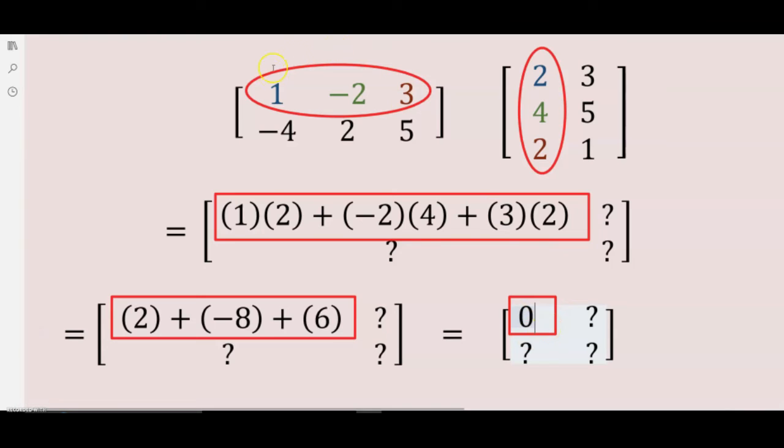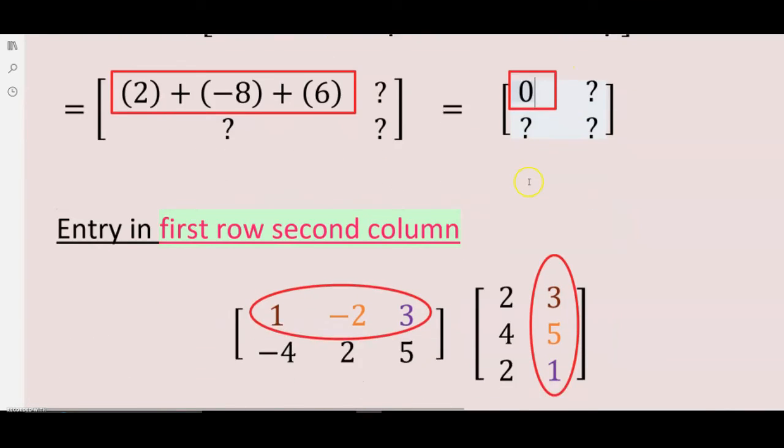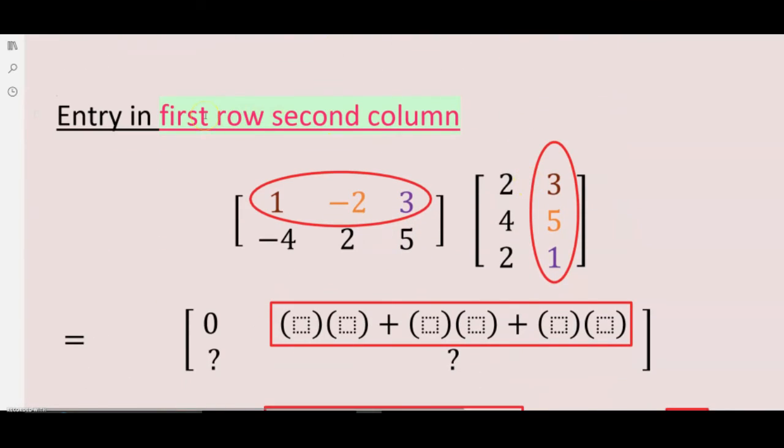Similarly, next is the first row with the second column. In the resultant matrix, the entry will be at the first row, second column. Now you can see that this is the first row and this is the second column. So the entry will be at this place. With the same procedure, the first entry will be multiplied with the first entry of the column.